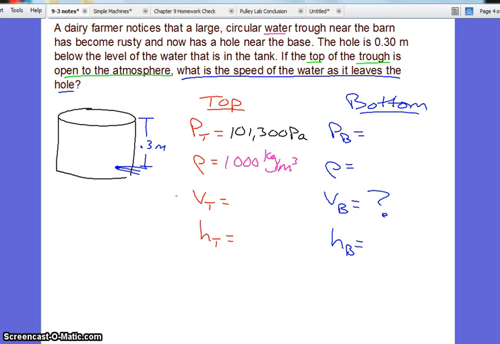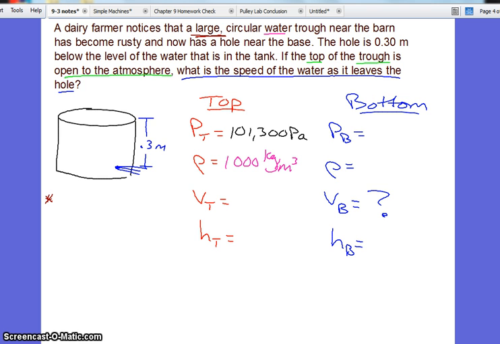And here's where we get into an interesting conversation, the speed at the top. Now the key word here is that it is a large water trough. If you look at a large container and you have a relatively small hole at the bottom, what you're going to notice is that the speed of the water as it drops down at the top is very small.